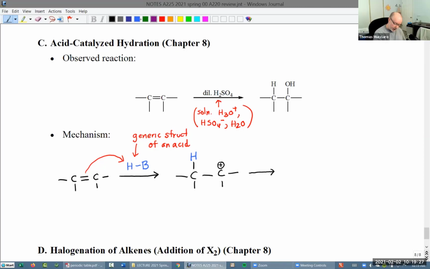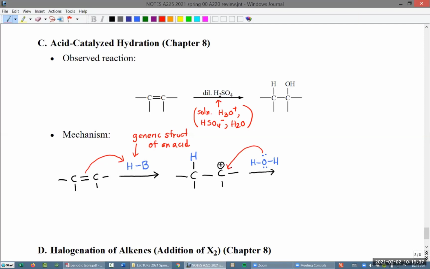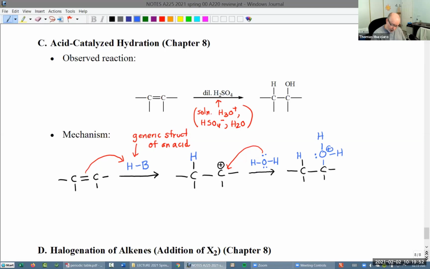Then in this case, our nucleophile is actually one of the water molecules that's part of our dilute solvent system, right? And it makes a bond. And so the whole thing connects.